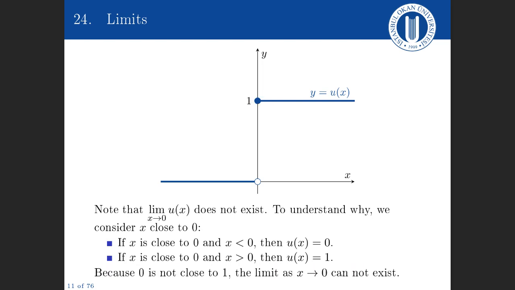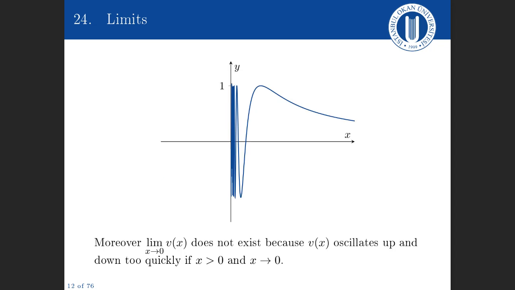But 0 is not close to 1. That means there doesn't exist one number that the function is always close to if x is close to 0. So the limit as x tends to 0 cannot exist. And for the second function, the limit as x tends to 0 of v of x does not exist.